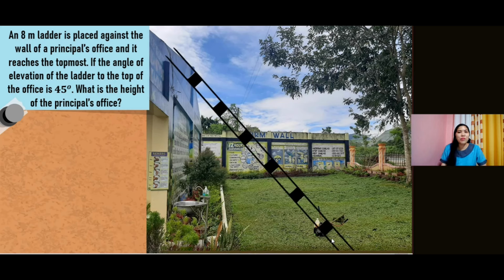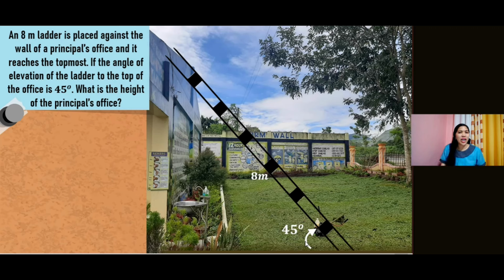Now, in our problem, what is the given measurement of your ladder? That is 8 meters. Take note, you are also given a condition that the angle of elevation of this ladder to the top is 45 degrees, meaning this angle here that is formed is 45 degrees.